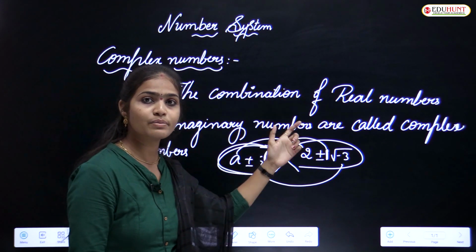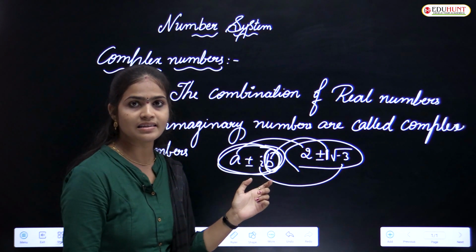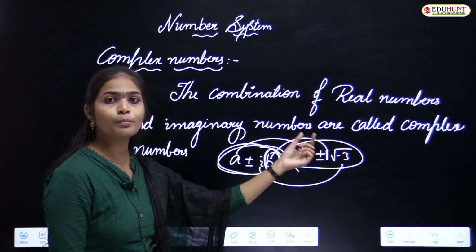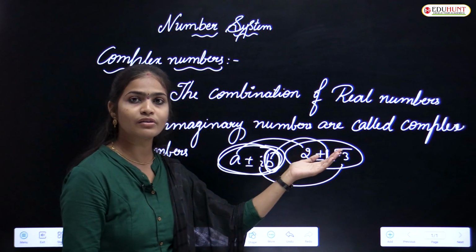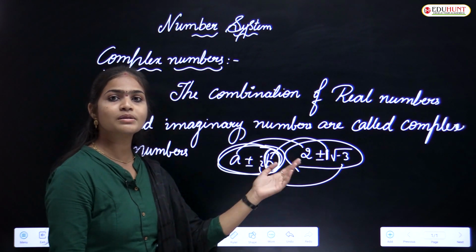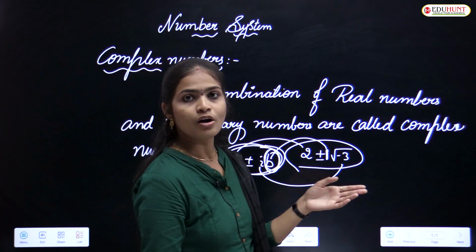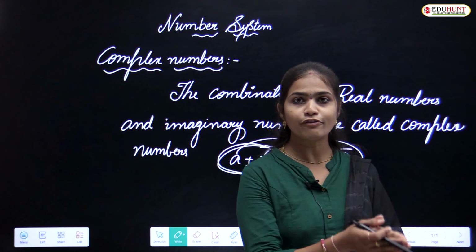In integers we can observe 0, positive integers and negative integers. Here 0 and positive integers are whole numbers, and in whole numbers we can observe 0 and natural numbers. In natural numbers we can observe even numbers, odd numbers, prime numbers and composite numbers. So that is the flow chart.